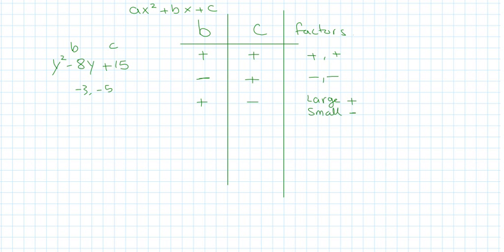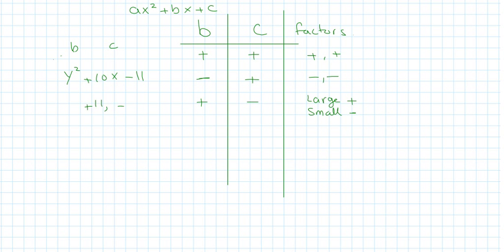For example, if I had something like this, where B is positive and C is negative, my factors are going to be positive 11 and negative 1.